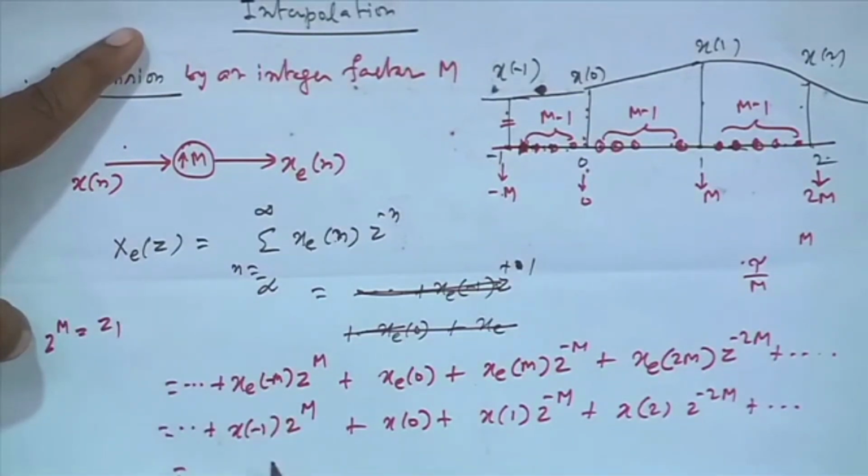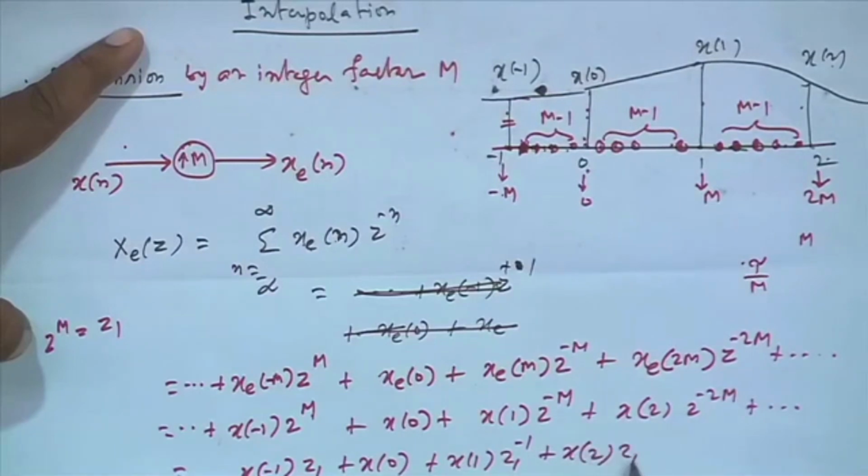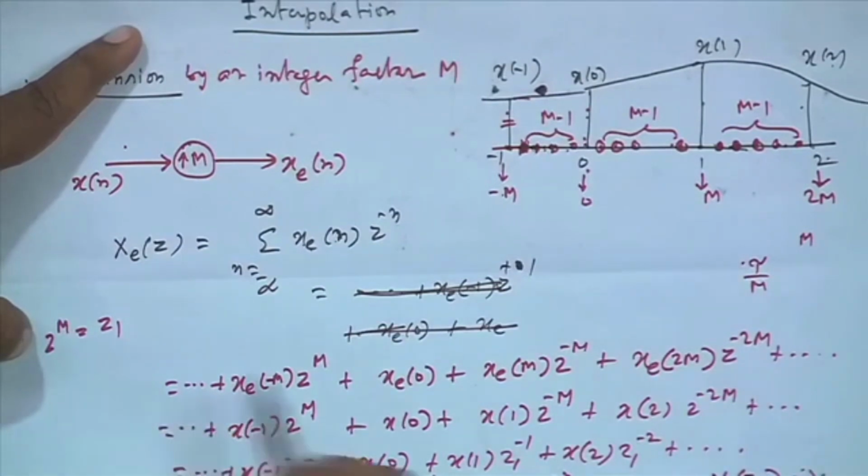So, this is Z1 to the power 1, then X0, then X1 Z1 to the power -1, then X2 Z1 to the power -2, dot dot dot, which is nothing but summation Xn Z1 to the power -n, you see, which is capital X Z1, which is equivalent to, and what is Z1? Z to the power m.